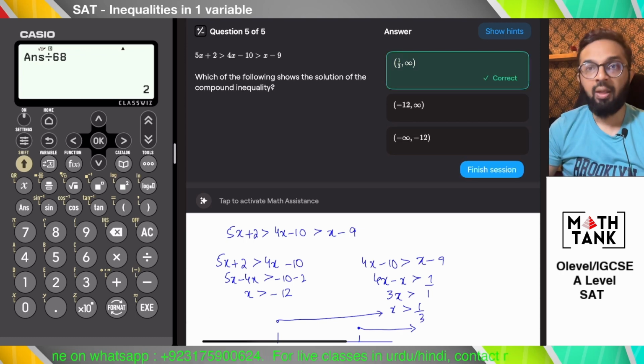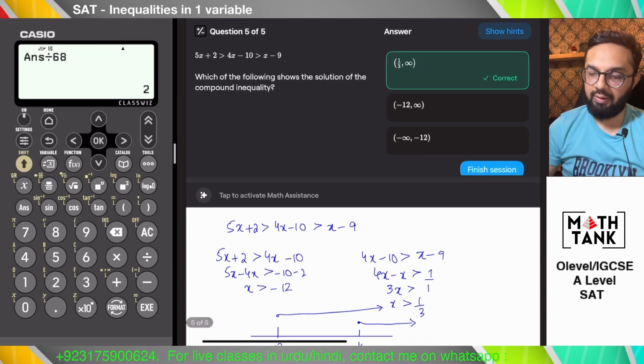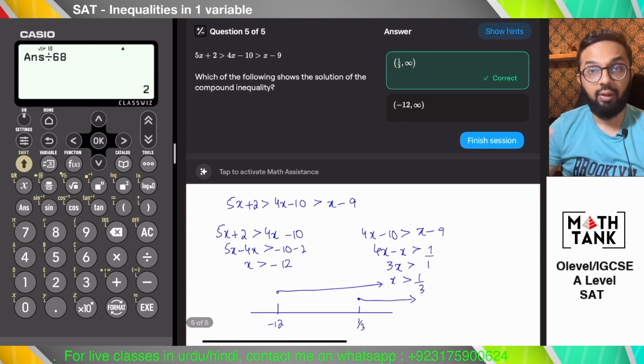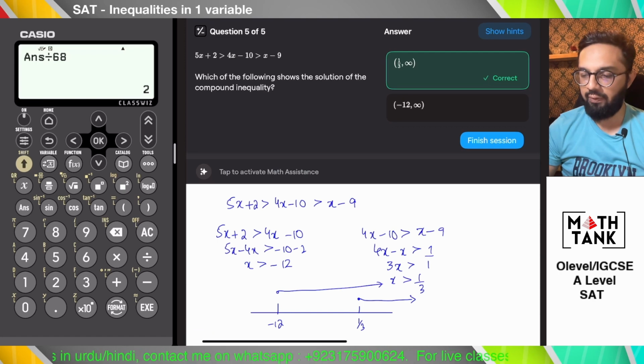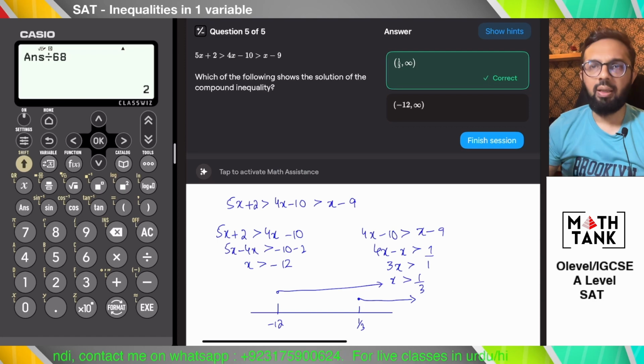Let's check. Yes, that is indeed the correct answer. So remember that values greater than 1/3 will fit into this inequality. Values greater than minus 12, for example, minus 11 or minus 10 or 0, and so on will not fit into this solution set.